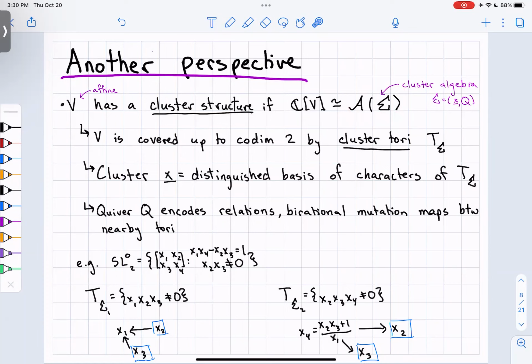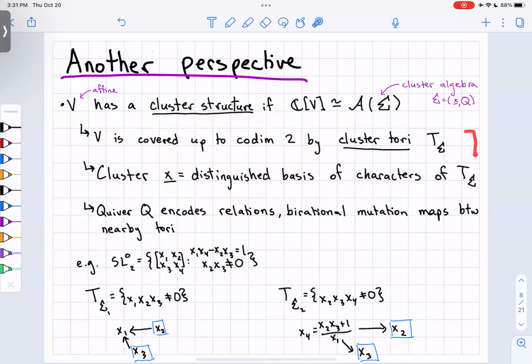This is a non-trivial fact. What I'm saying is if you pick any given cluster, any regular function on your variety can be written as a Laurent polynomial in that cluster. But not just an arbitrary rational function. That's right, it's a regular function on the original torus. Yeah, that's right. I see.